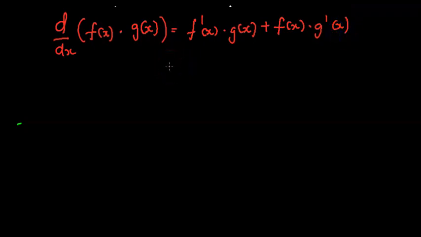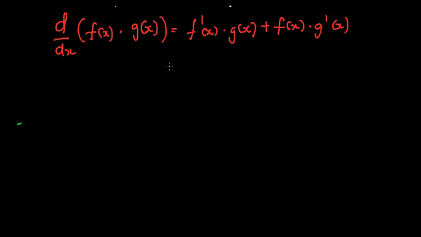In this case, we can say the derivative of the product of two functions is the derivative of the first function times the second function plus the first function times the derivative of the second function.